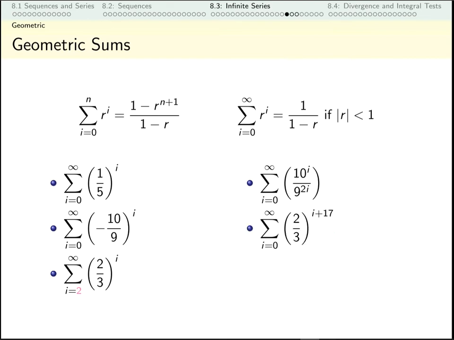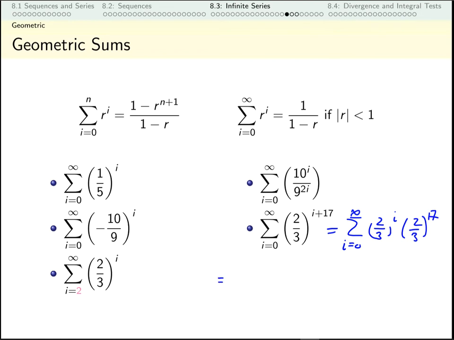Here's yet another example of a series that needs some algebraic manipulation before we can plug it into our formula. We start at the right place, but our power is not matching. I'm going to rewrite this as 2/3 to the power i times 2/3 to the power 17.